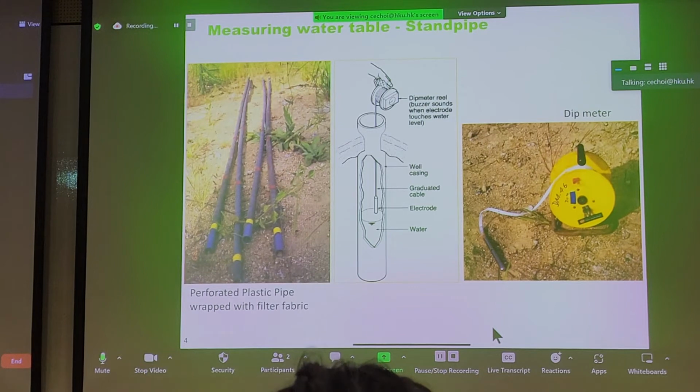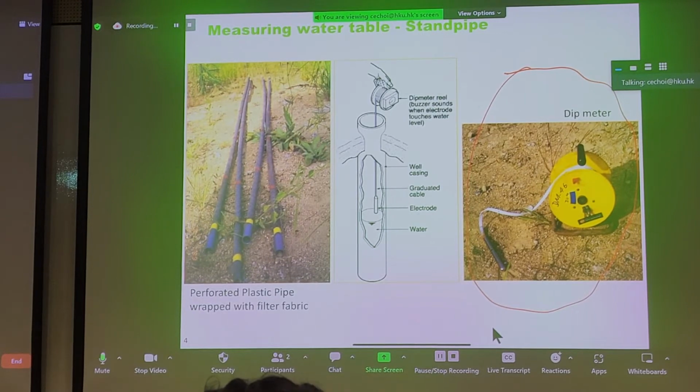If you want to measure the groundwater table inside a standpipe, it's quite easy. We often have instrumentation technicians on the site carrying around what we call a dip meter. It's nothing fancy, essentially a measuring tape with an electrode at the tip of it.